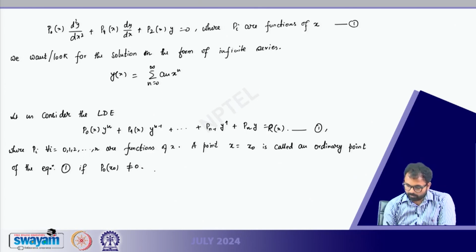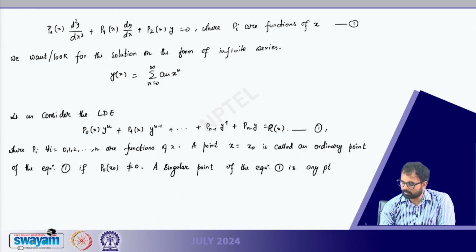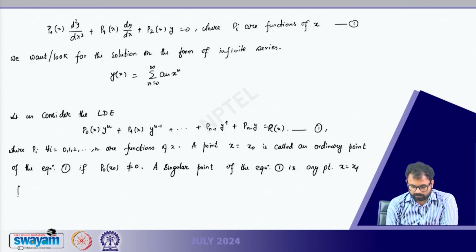And a singular point of equation 1 is any point x equals x1 for which p0(x1) equals 0.